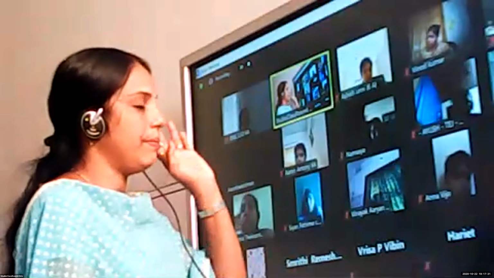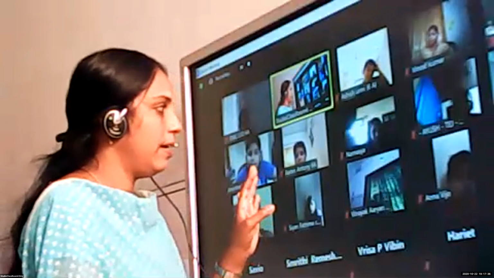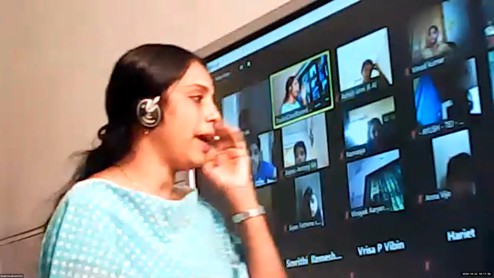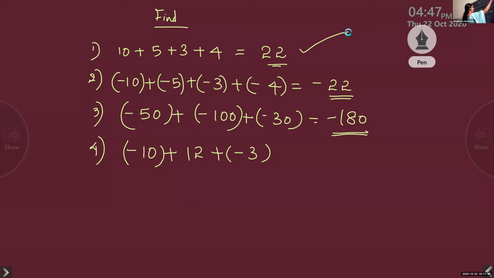See, children, if this addition, negative sign and a positive sign mixed up together, all negative means you have to add and give the negatives. If all positive, you are adding and giving the positive sign. Like that, all negative, you add all numbers and give the negative sign. These three questions, no need of any confusion.